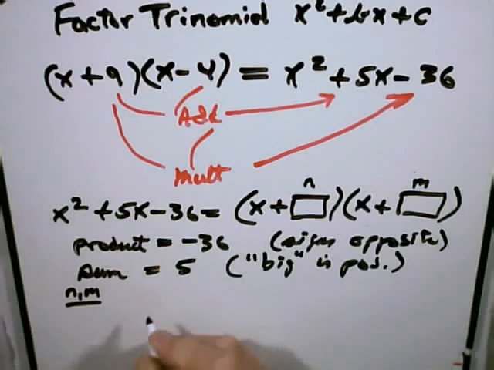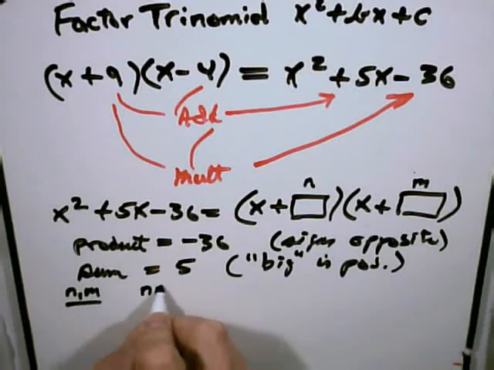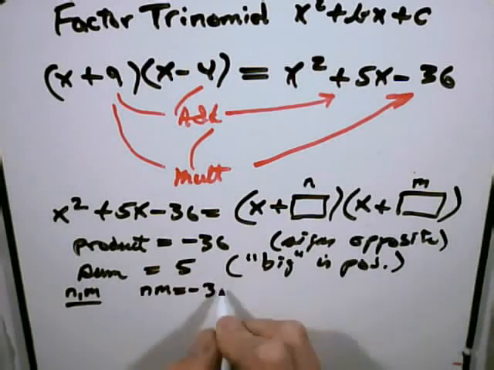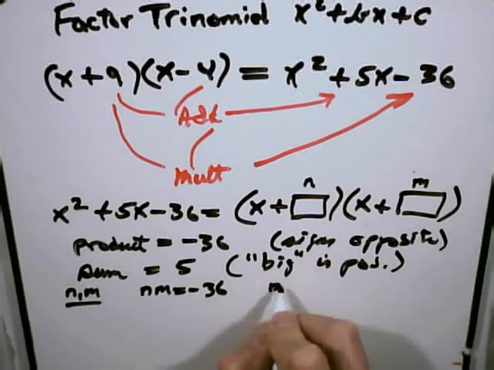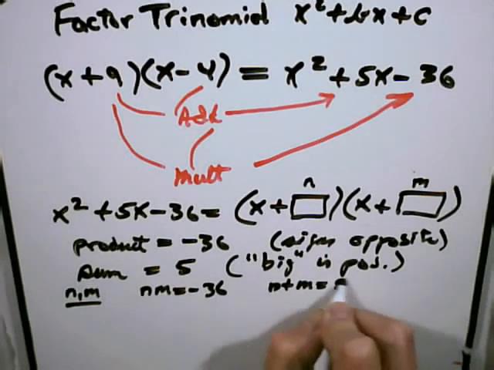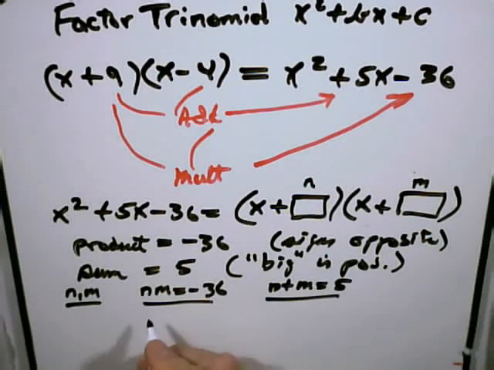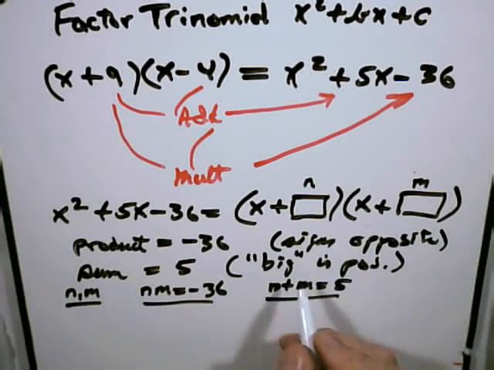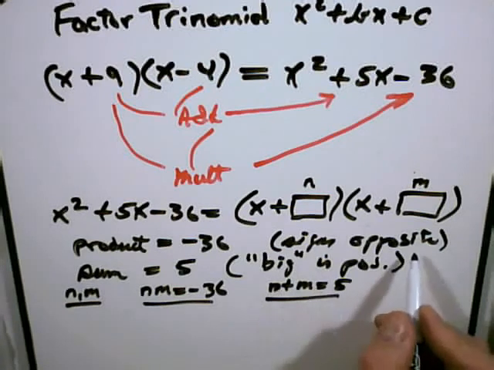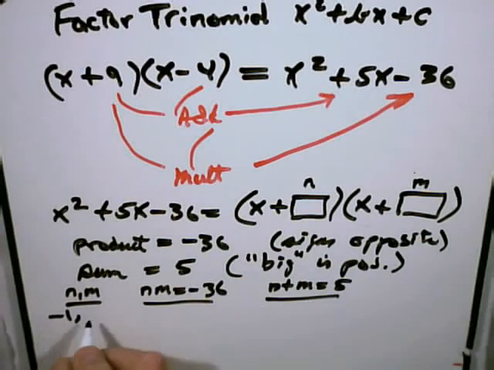I look at candidates for n and m, and I want n times m to equal negative 36, and n plus m to equal 5. Well, start out with some candidates. Remember, the big number is positive. Signs are opposite, so I could start with negative 1 and 36.